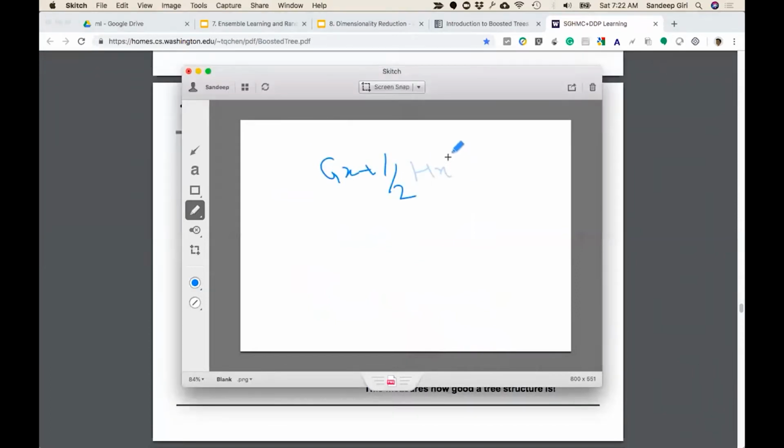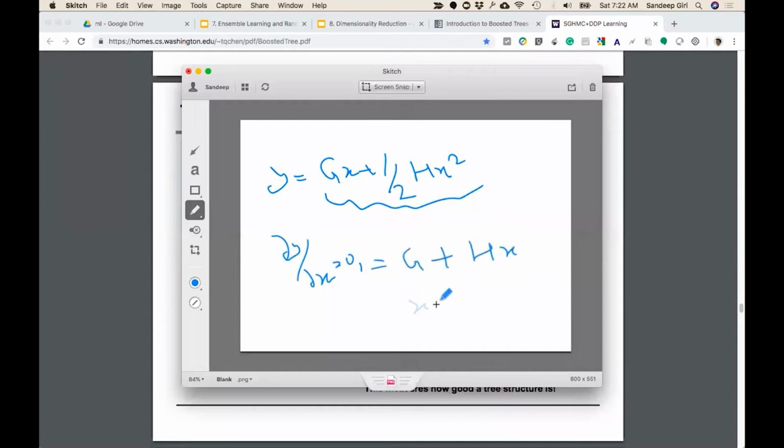Now, in a similar way, if your function is gx plus half of hx square, what is the minimum value? What is the value of x for which we will get the minimum value? So we say dy by dx equals 0, which is g plus hx equals 0. Therefore, x equals minus g by h. Correct?